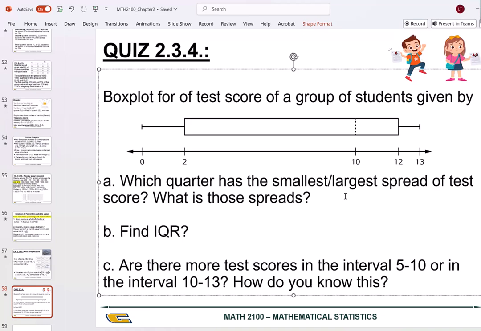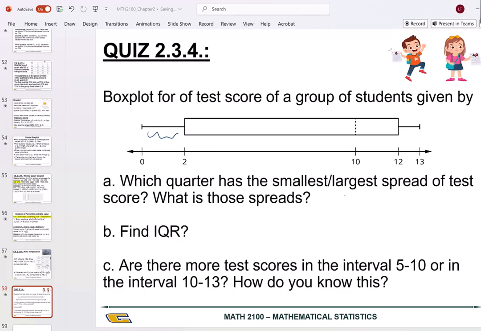You can see the largest spread is this one. For 25% of the data, the spread is about 8, 10 subtract 2, is 8. So that's the largest spread.